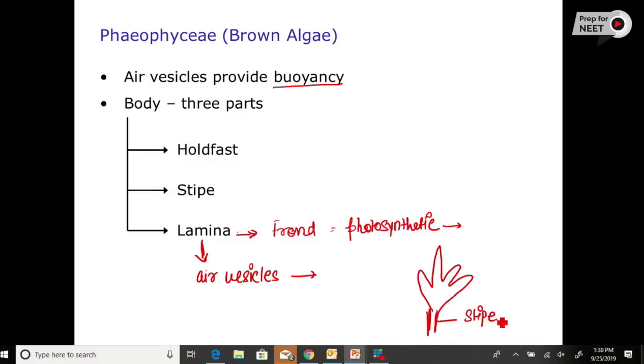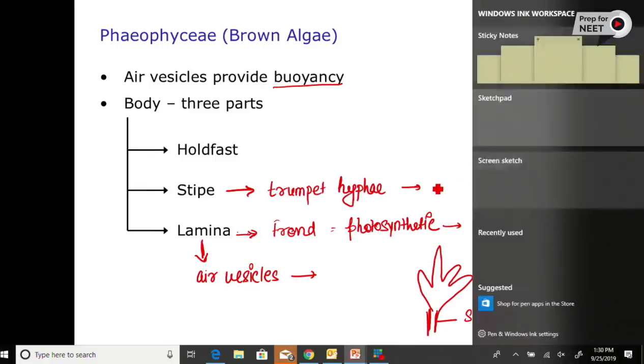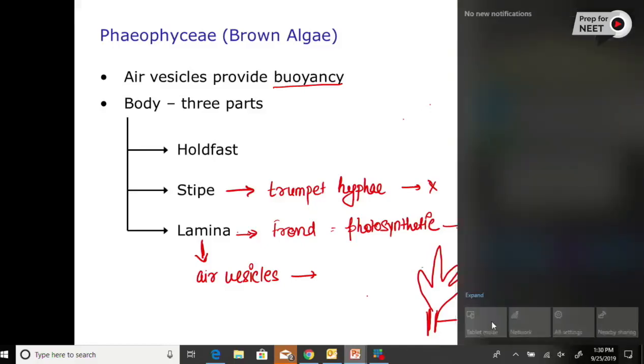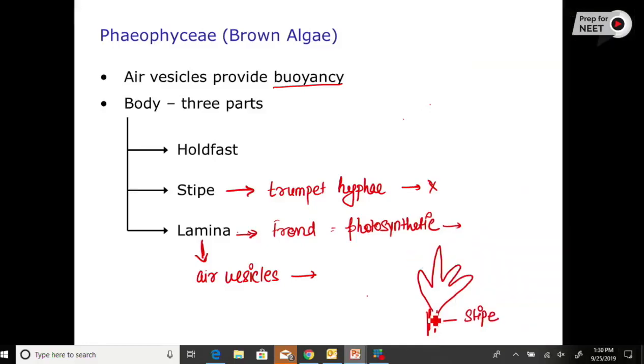Now, the stipe contains trumpet hyphae, and these hyphae work similar to xylem.